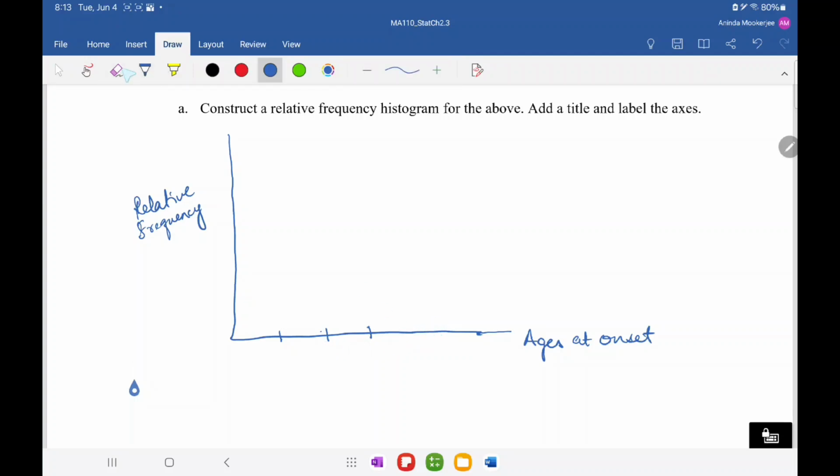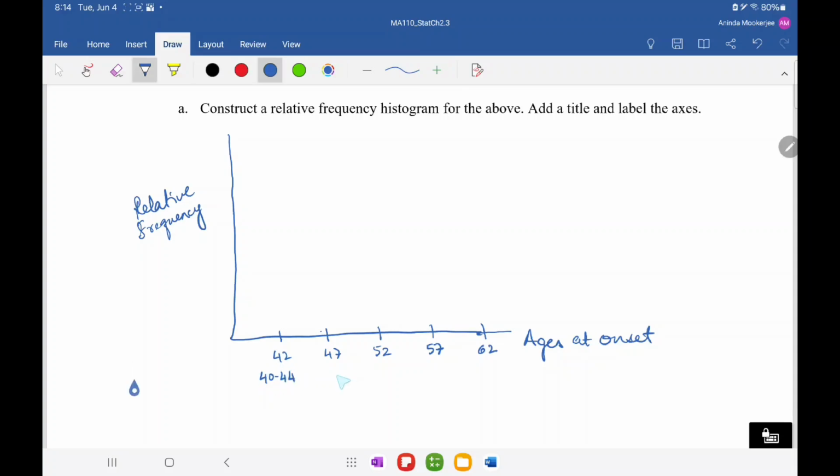One, two, 3, 4, and 5. Okay, so we can either use our class marks here as 42, 47, 52, 57, and 62, or you can also write it as 40 to 44.